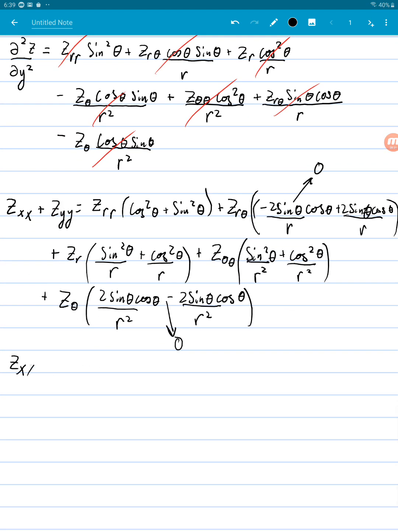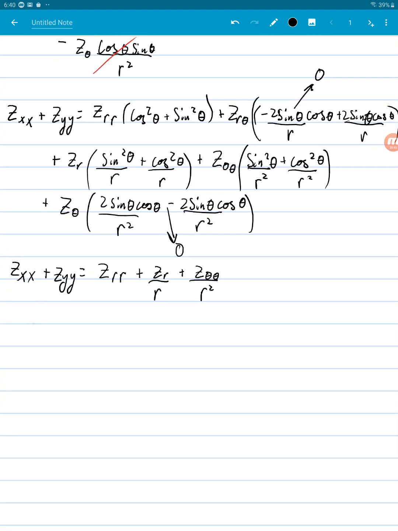So, from that and some application of the Pythagorean identity, we should end up getting that zxx plus zyy is going to equal z sub rr plus z sub r over r plus z sub theta theta over r squared.